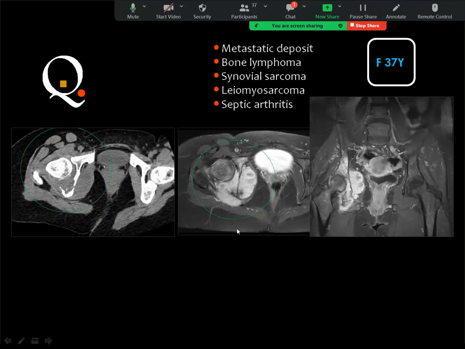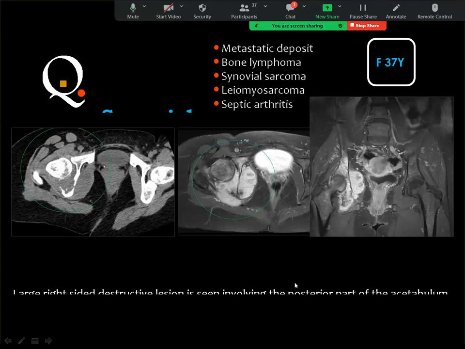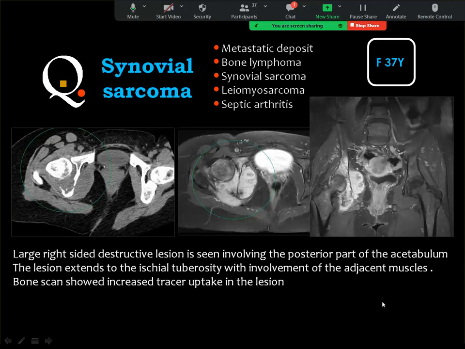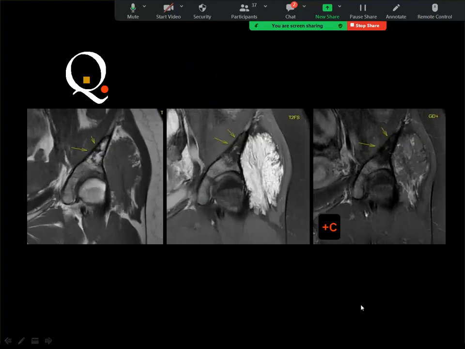But here, the main front of the lesion is located intra-articular with an extraosseous soft tissue component. Then if you say that this is metastasis, you are right. If you say that this is lymphoma, this is a good possibility. But this lesion was proved by biopsy to represent a synovial sarcoma.